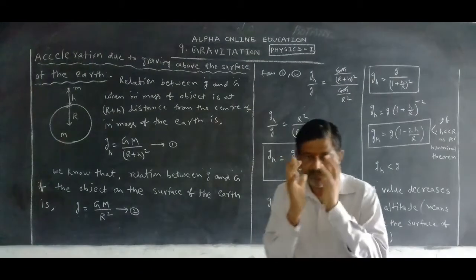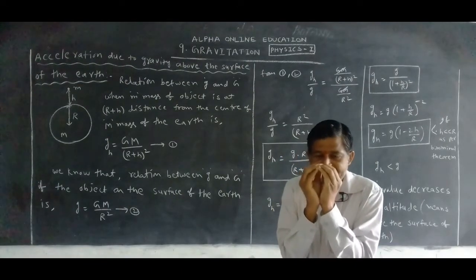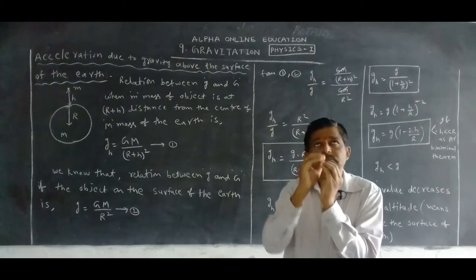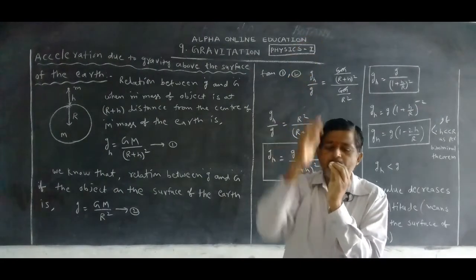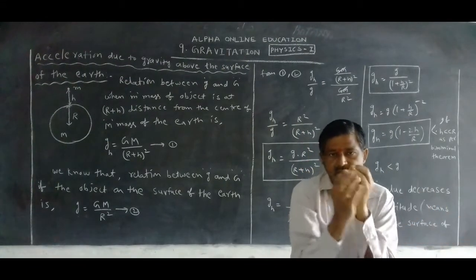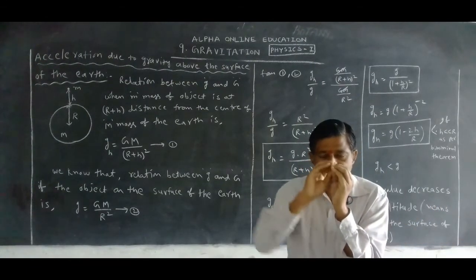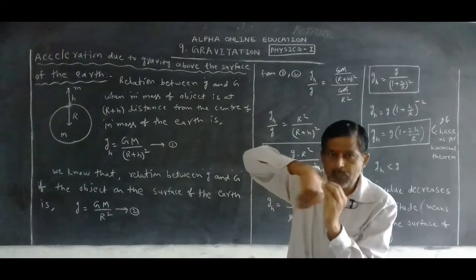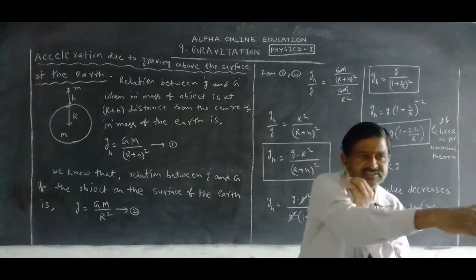We know that earth has a spherical shape. When an object is above it, this is not above, it is also above. Why? On the earth there is the north pole, the south pole, and the equator. So this is also called above.